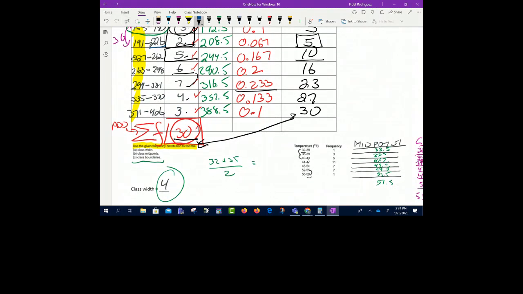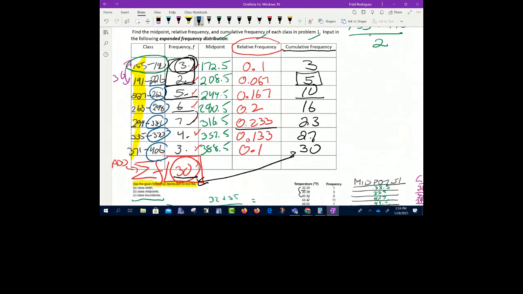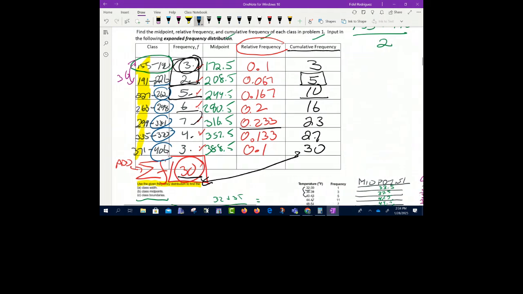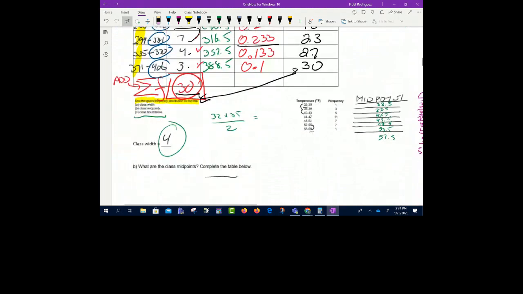Remember what I'm looking at: what these upper class boundaries are going to be. So we had 154.5. The next ones should have been 190.5, 226.5, 262.5, 298.5, 334.5, 370.5, 406.5.